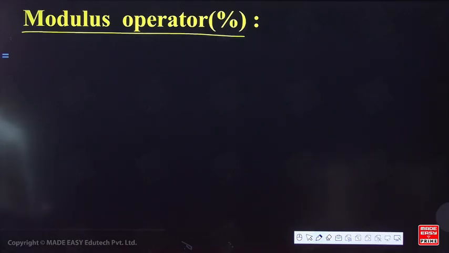Kashish Singh, what is that? Right. Next, keep the heading modulus operator.